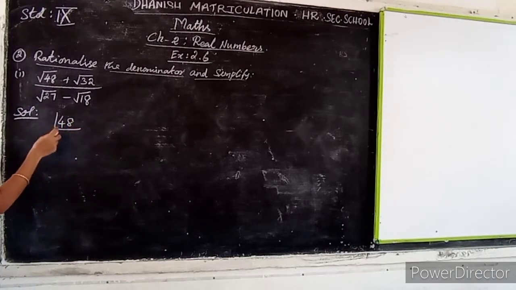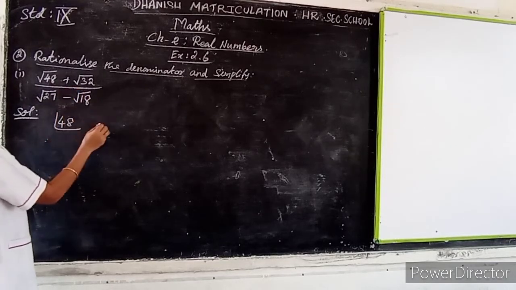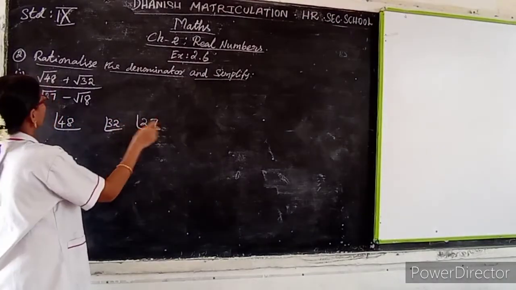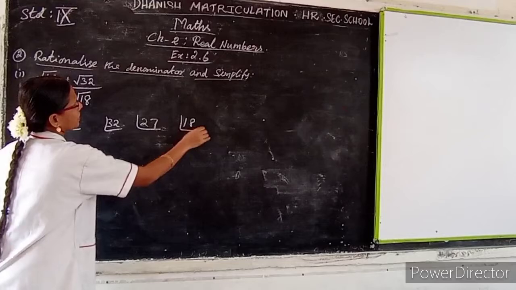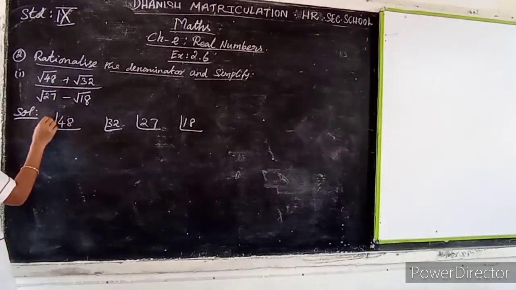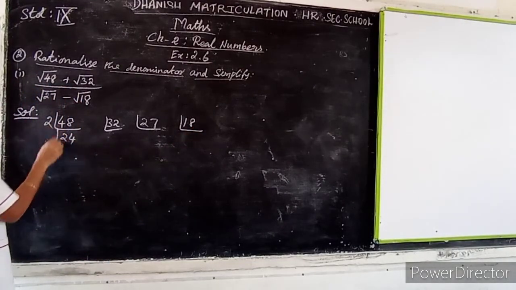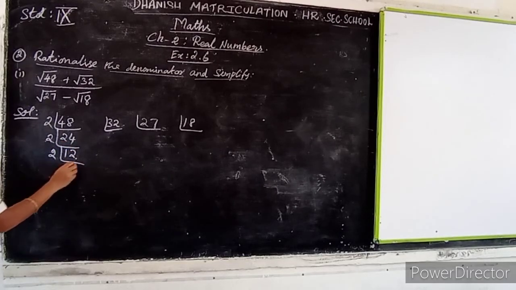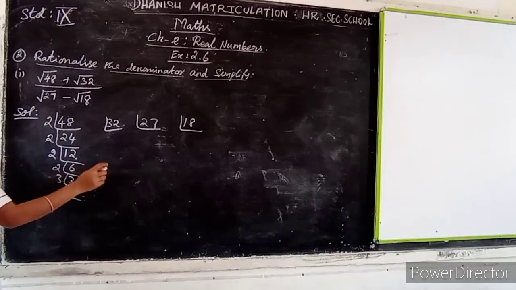Find prime factors for 48, 32, 27 and 18. By 2 table, 48: 24 times, 12 times, 6 times, 3 times.